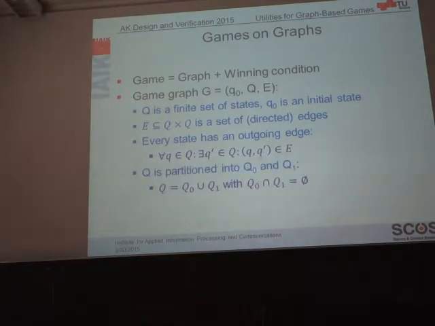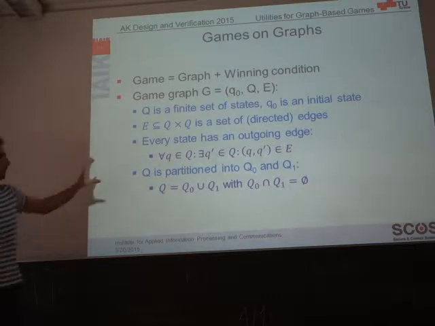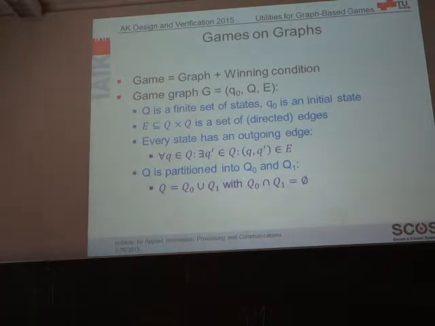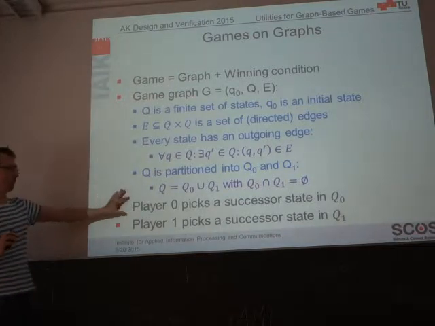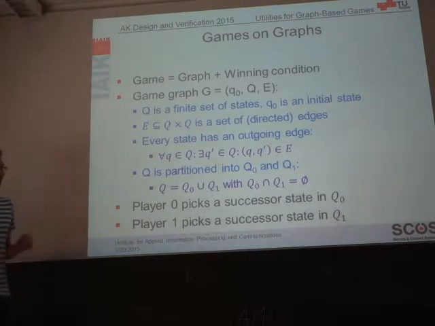There is one special thing about our game graphs, namely the set of states is partitioned into two sets of states, which we call Q0 and Q1. Every state is either a Q0 state or a Q1 state. And the reason for this is that our game will be played by two players, which we call player 0 and player 1. And the game is played in the following way.